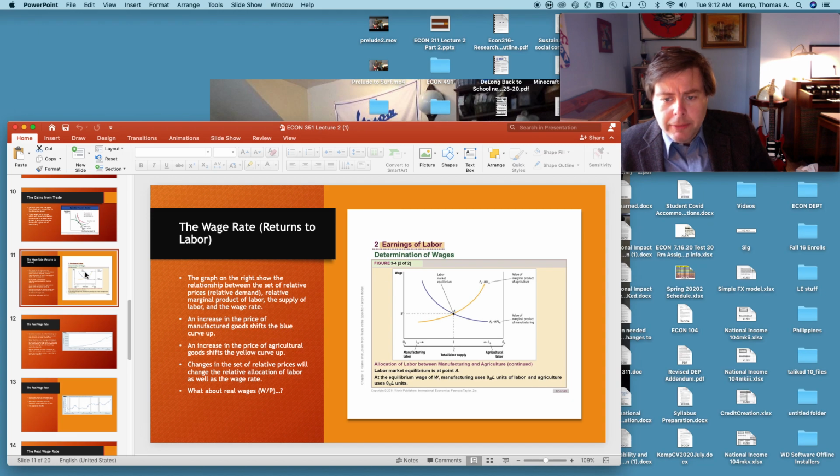The blue line is the price of manufactured goods times the marginal product of labor in manufacturing. The yellow line, which is properly read from the lower right-hand side, with the blue line read from the lower left-hand side and yellow from the lower right, represents the price of agricultural goods times the marginal product of labor in agriculture.